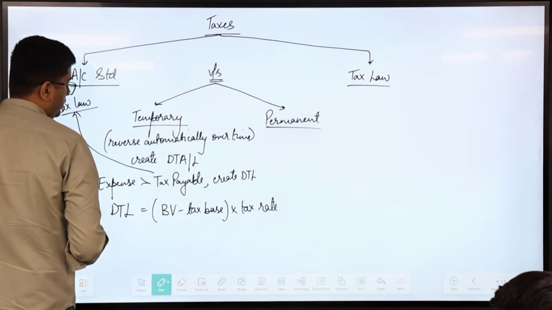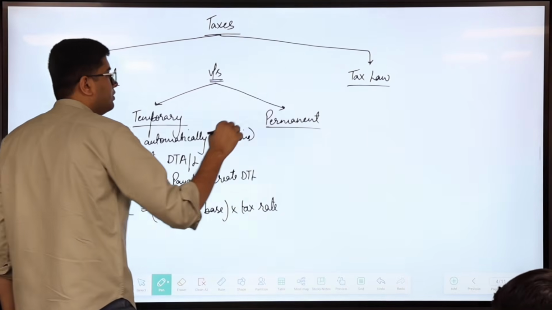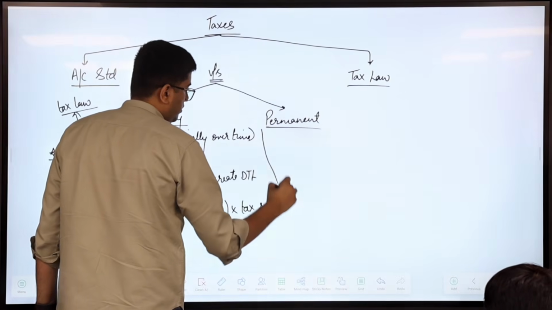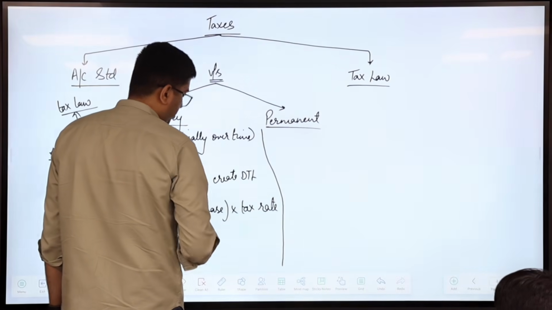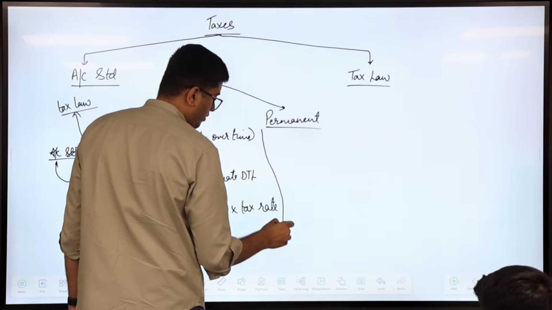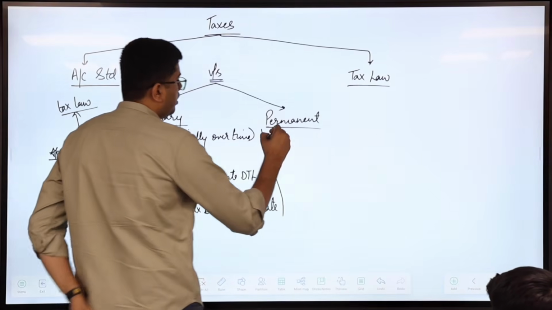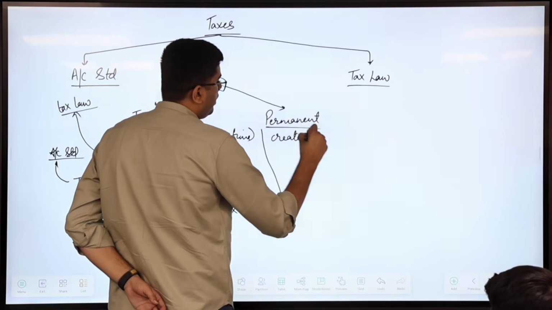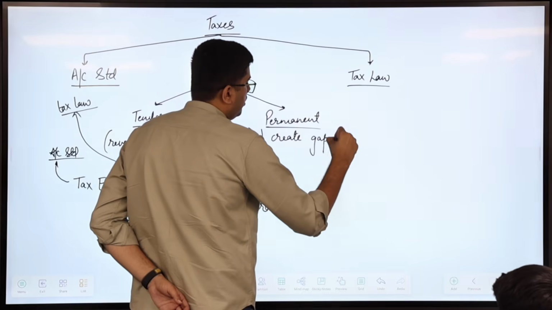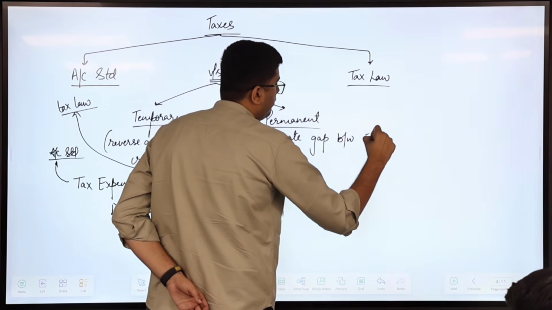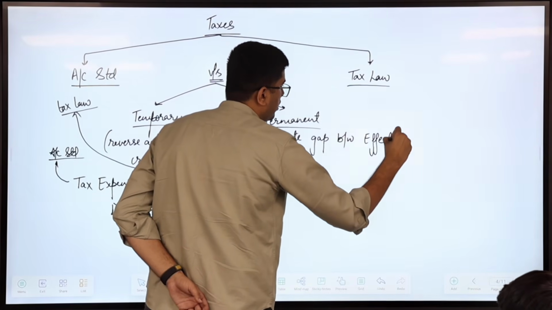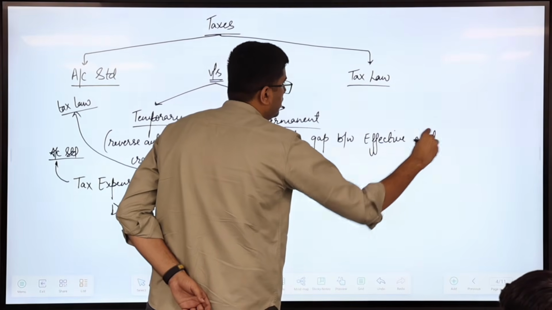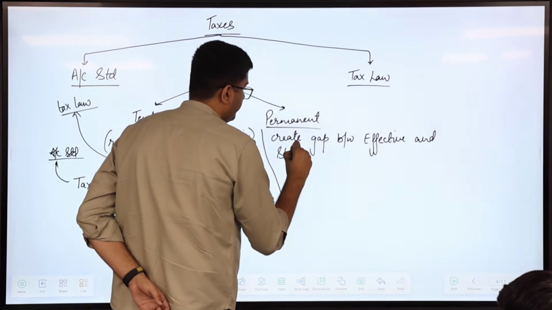Now, apart from this, permanent differences. Permanent differences create a gap between effective and statutory tax rate.